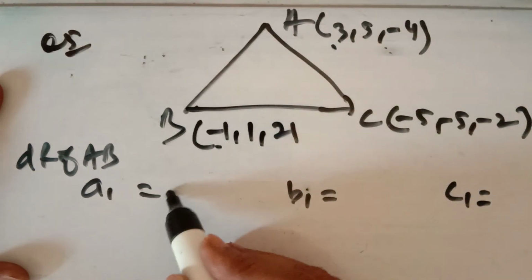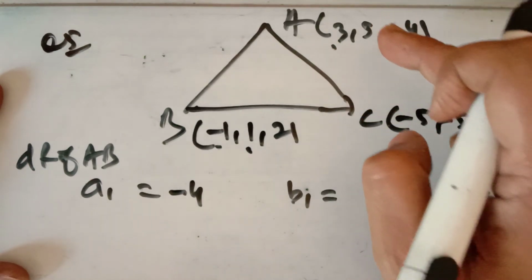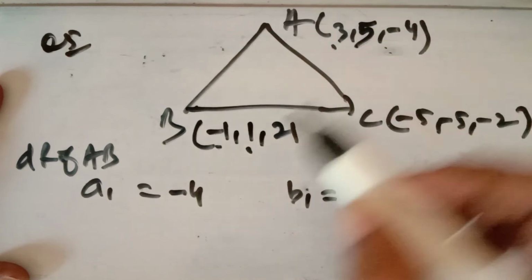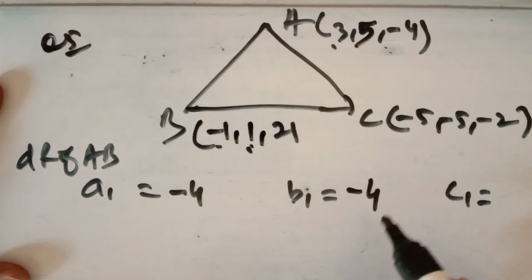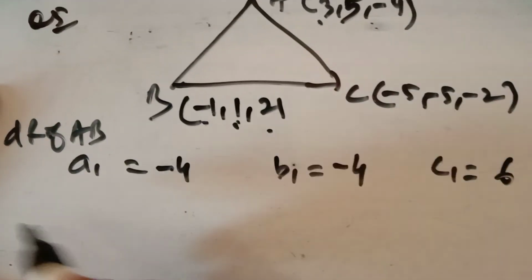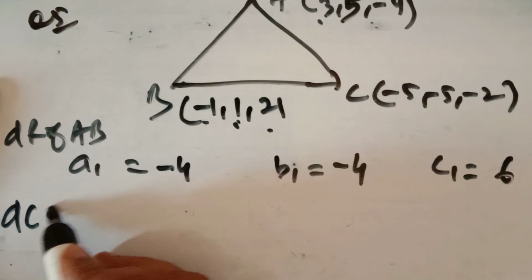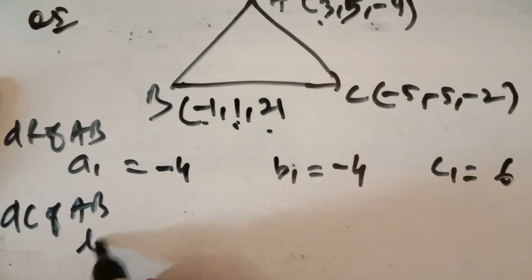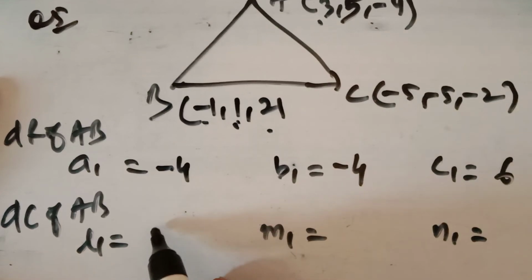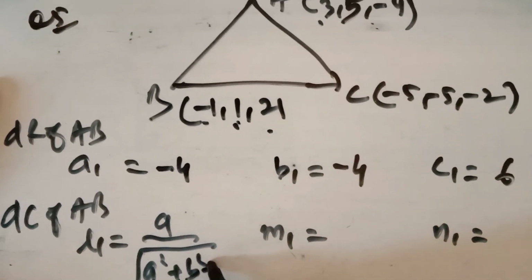x2 minus x1, that is minus 4, y2 minus y1, that is 1 minus 5, that is minus 4, z2 minus z1, that is equal to 6. Now you can easily find the direction cosines of AB. Let us call them l1, m1 and n1. l1 is equal to A1 upon under root A square plus B square plus C square.